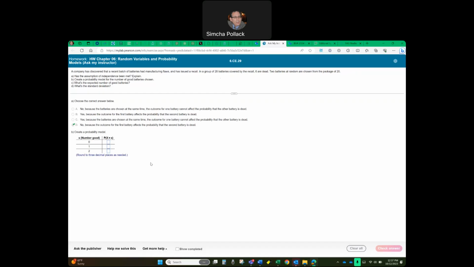That's part A. Then part B says, calculate the probability of either 0 good, 1 good, or 2 good. Again, we're choosing 2 batteries, so either both of them are bad, so they have no good, or one of them is bad and one of them is good, or both are good. Those are called the sample space, and we're asked to find the probabilities.